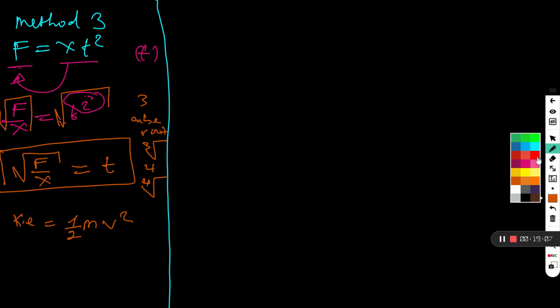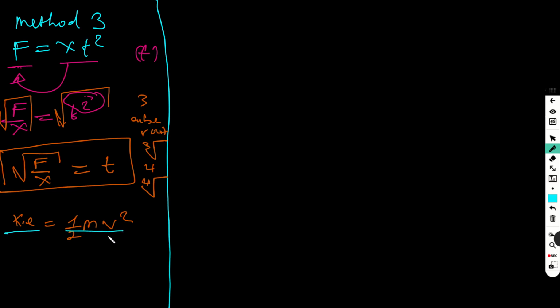So what you do is the same thing. You draw your division sign, right? This 2 is below the line, so you take it this way. Since 2 is below, you take it above the line on the other side.